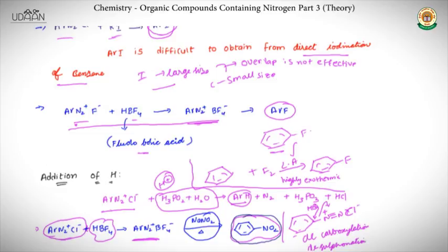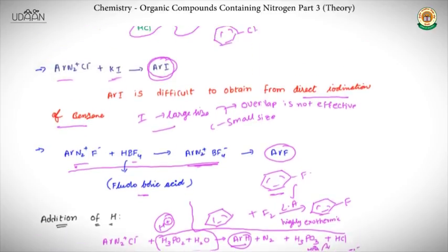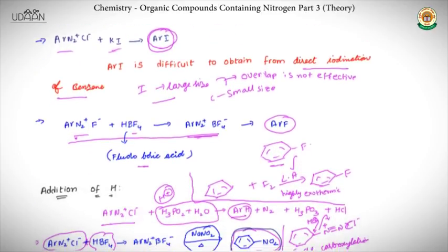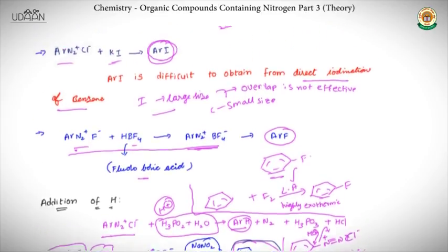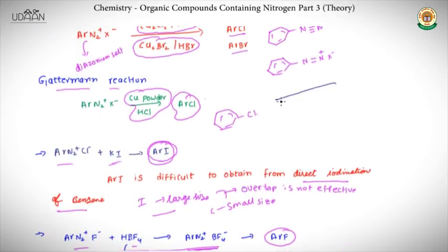Now these reactions have got a lot of importance because the substituents which these are including, like say F, Cl, I, NO2, are not possible to directly attach to the ring. That is, direct substitution of these groups to the ring is not possible.